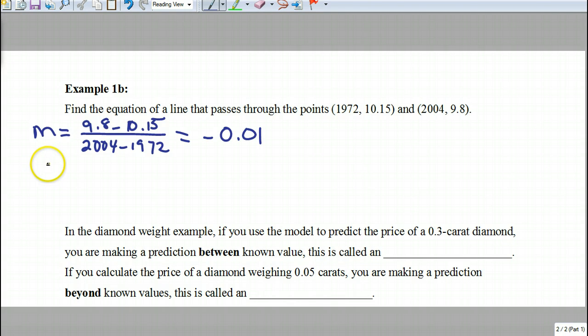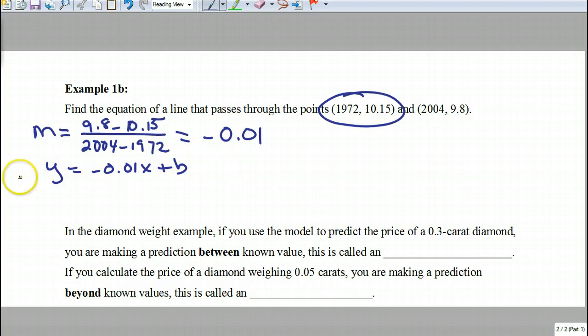So my equation is going to be y equals negative 0.01x plus b. Now I can use either one of these points again to find b. So I'm going to use this first one right here. Y is 10.15 equals negative 0.01 times 1972 plus b.